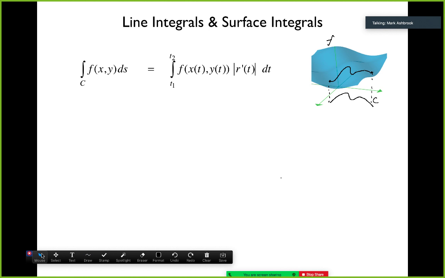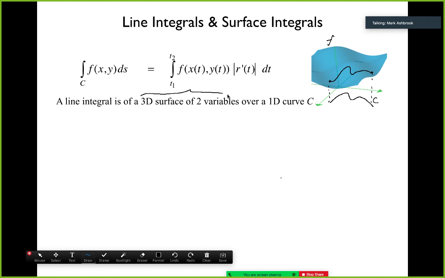And so what did it calculate? So a line integral, our multivariable function is a 3D surface of two variables. That's our f. That's the blue function, right? Over a one-dimensional curve C, right?